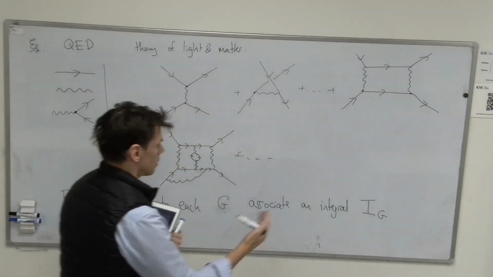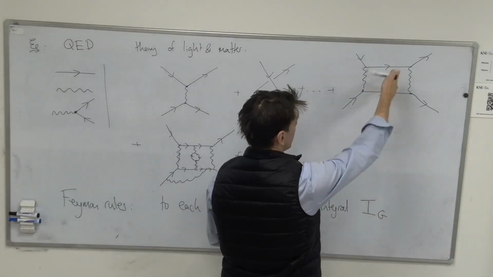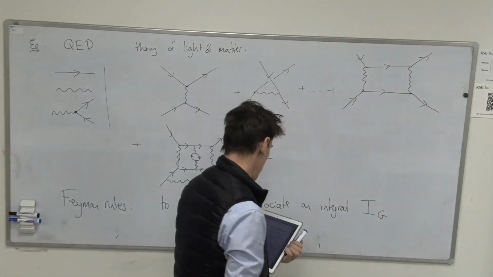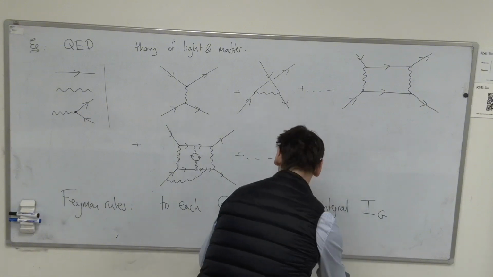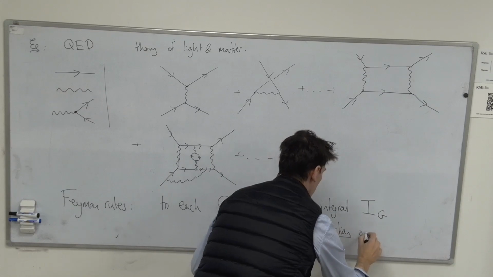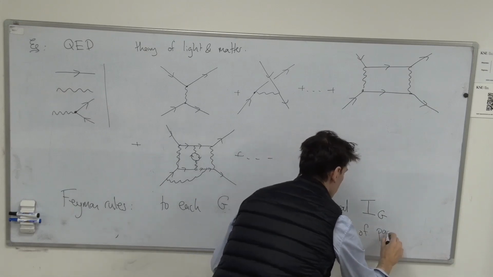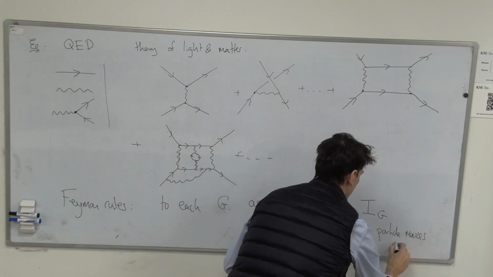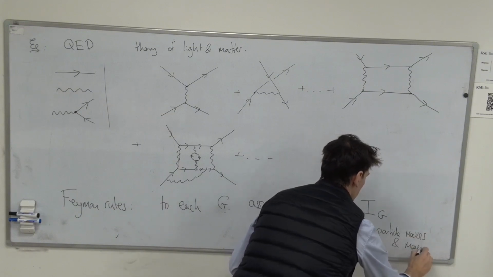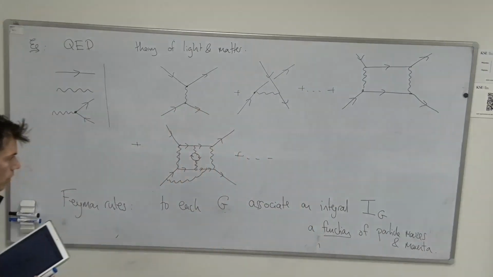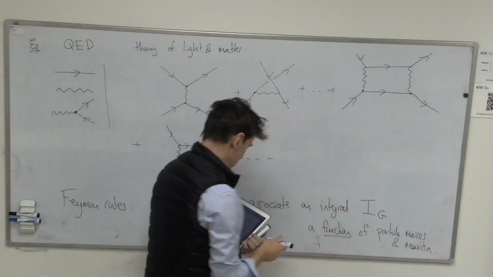So the I_G can be thought of as some sort of probability of this particular event happening. In general, it's a function. It depends on particle masses and their momenta and their energy and so forth. But we're going to look at a case where these integrals are just numbers.